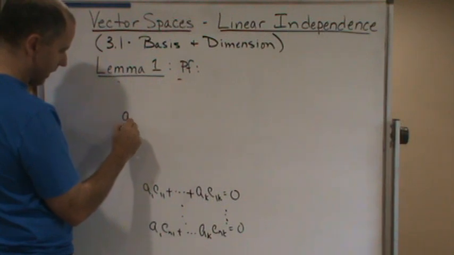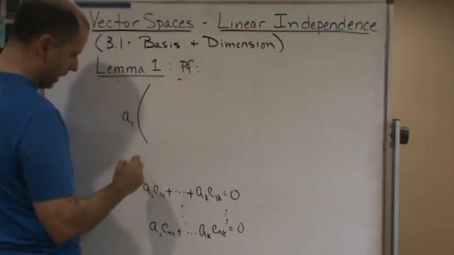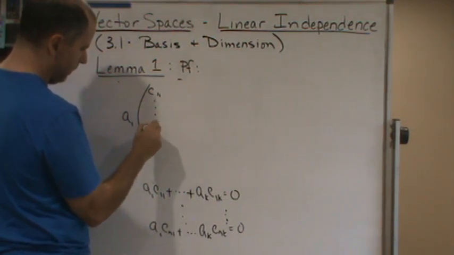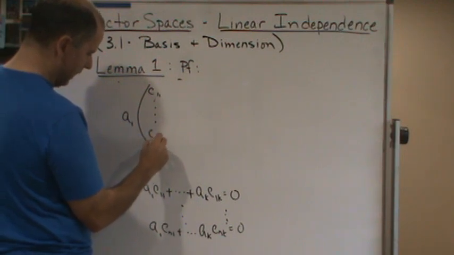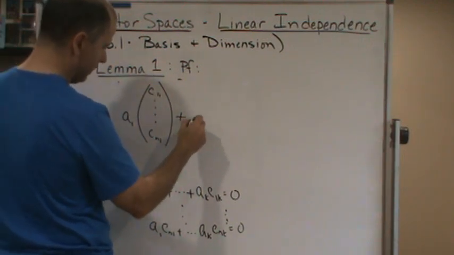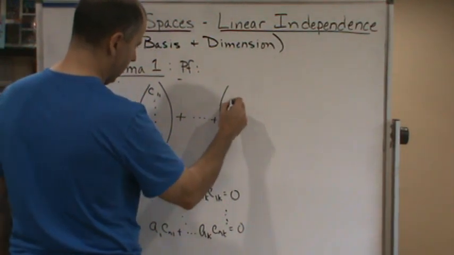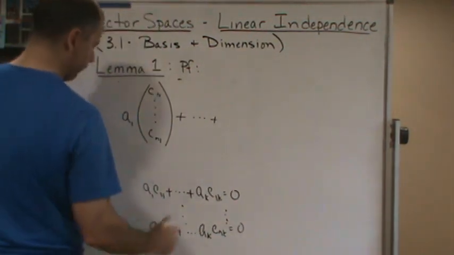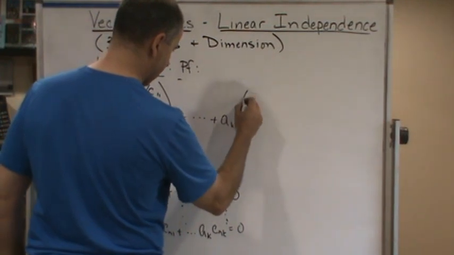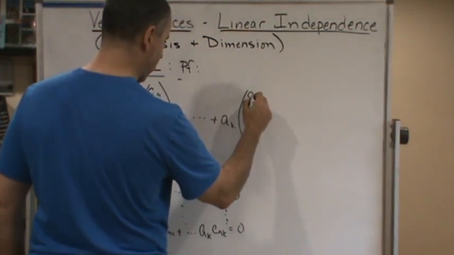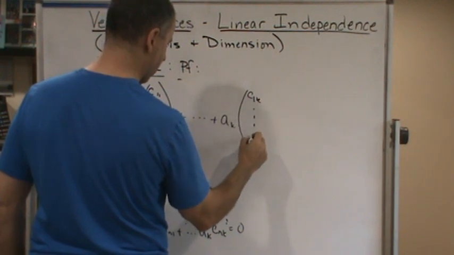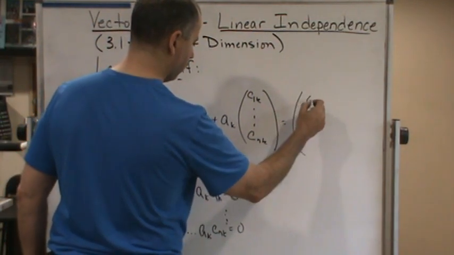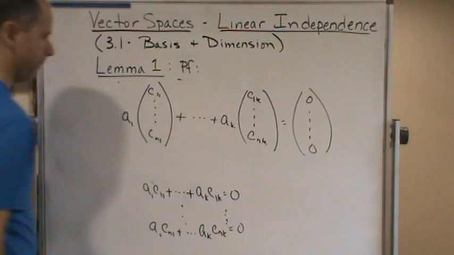So we can rewrite this as a1 times the column vector c11 all the way to cn1, plus dot dot dot plus a sub k times the column vector c sub 1k all the way to c sub nk, is equal to the zero vector.